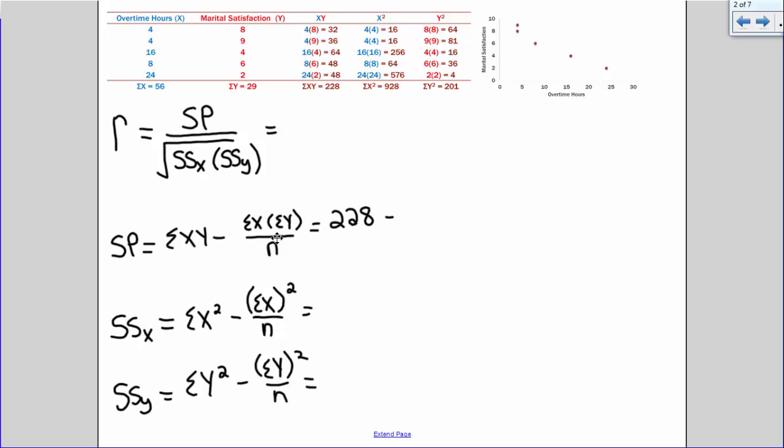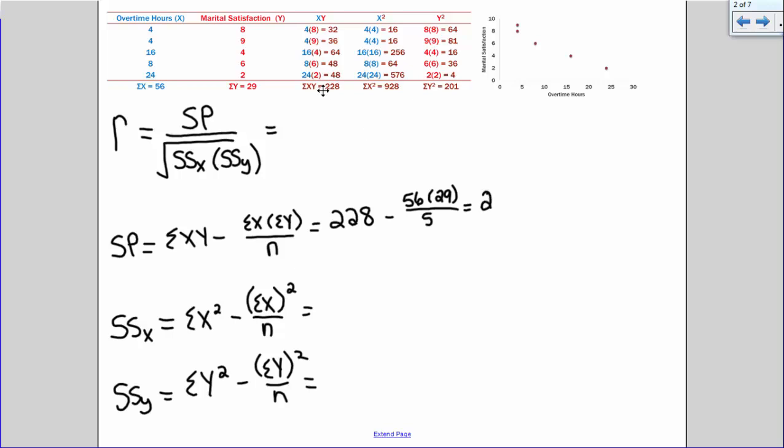Then for the second piece here, we take the sum of x and multiply by the sum of y. So add all the x's together, then add all the y's together and take those 2 values and multiply. So I added all my x's, I added all my y's, and I have 56 times 29 here. So 56 times 29. And then I'm dividing by the total number of people in my data set, and there's 5 people in my data set. We measured each person on overtime hours and marital satisfaction.